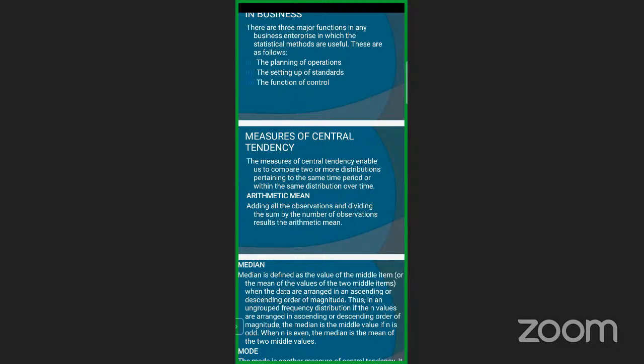That middle value itself is called the median. It is based on position, so it is called a positional average. If the data is even, then we take the middle two values and average them, adding and dividing by two. That value is treated as the median.